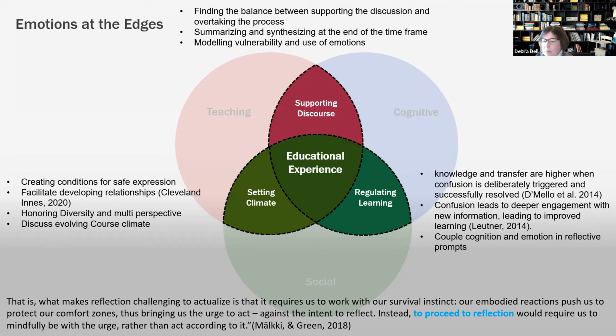And that can take many, many shapes as you design your course. And then discussion of the evolving course climate. So checking in. Sometimes some of my community of inquiry instructors have asked the class to develop course rules or rules of engagement, how we're going to be with each other.